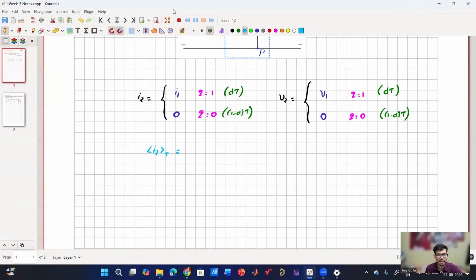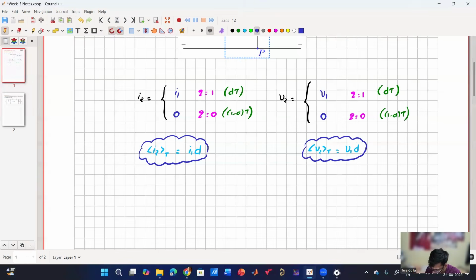So it will be I1 into d. Yes, very good. Similarly, V2 is V1 into d. Very good. So this is the average of I2 as well as V2 over a cycle of T, where T is the time period.